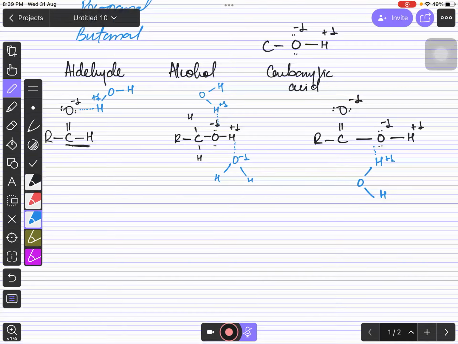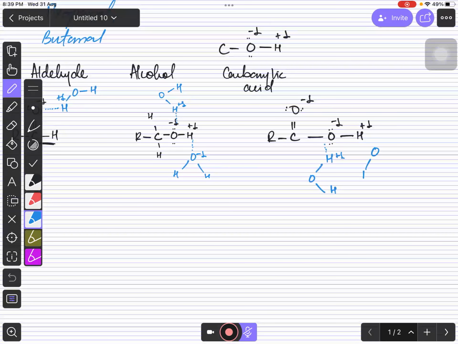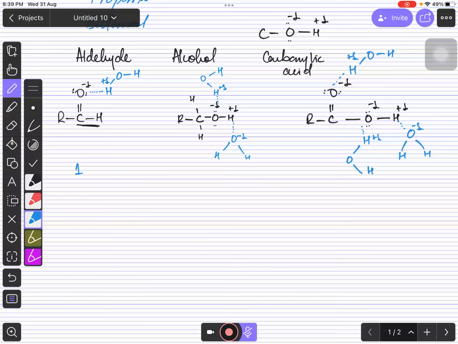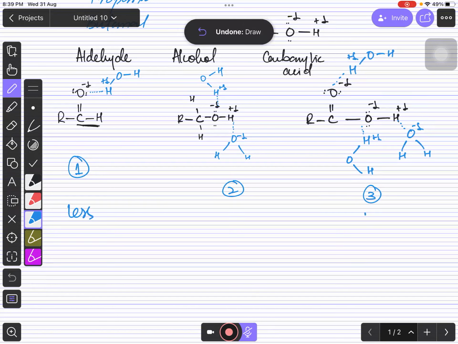And one water molecule can bond with this oxygen as well, right? And over here, one water molecule can form hydrogen bonding with this oxygen as well. So you can see the hydrogen bonding with water molecules: here only one molecule, here two molecules, here three molecules. That is why it is less soluble, and this is more soluble, right?